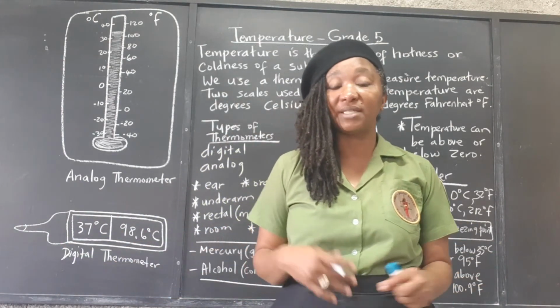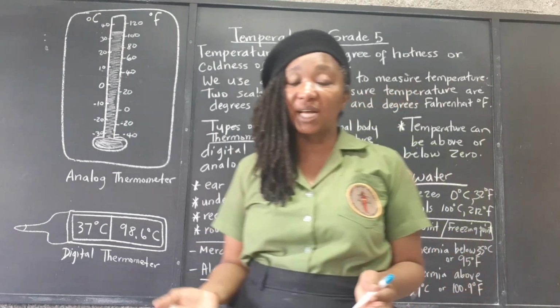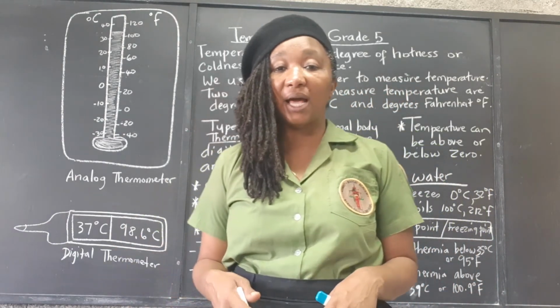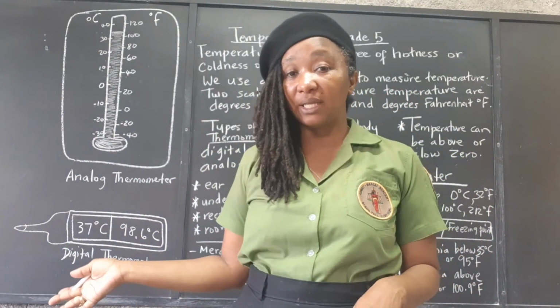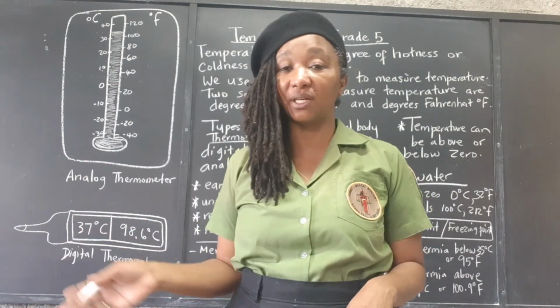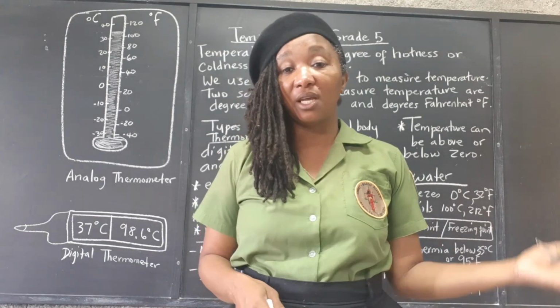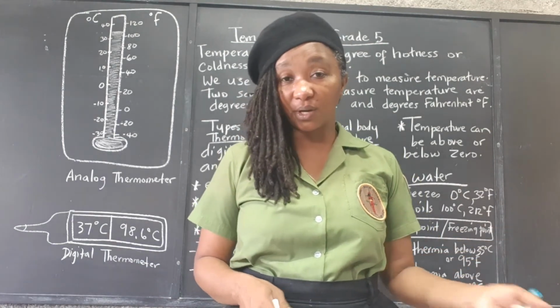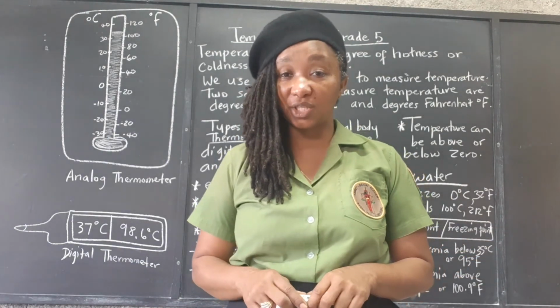So remember, there's a range that's considered normal, and then above that range is abnormal, which can cause very dangerous situations. Below the range is also abnormal and can also cause very serious situations.